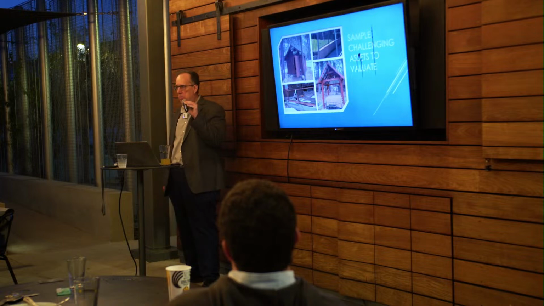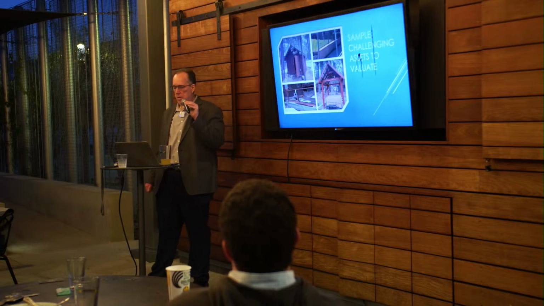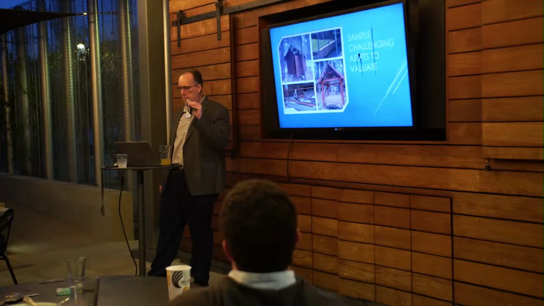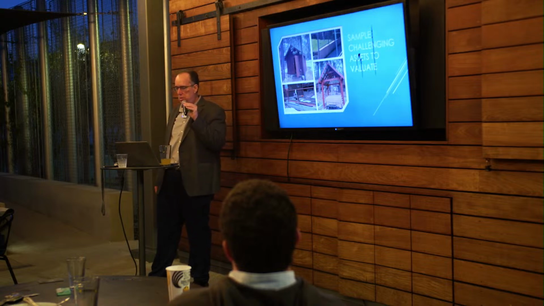But one of the questions is, how do you value something like this? You have this gazebo, and we can all imagine what a price would be in Southern California to replace that. And then the jacuzzi itself, those are relatively cheap.